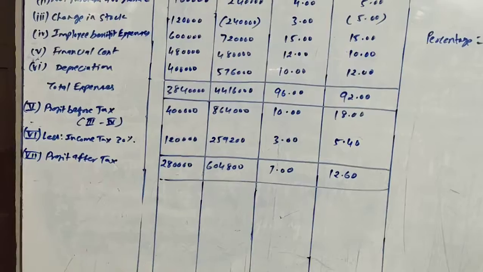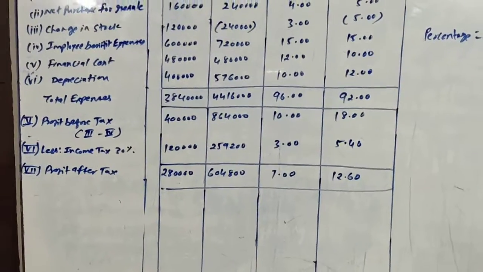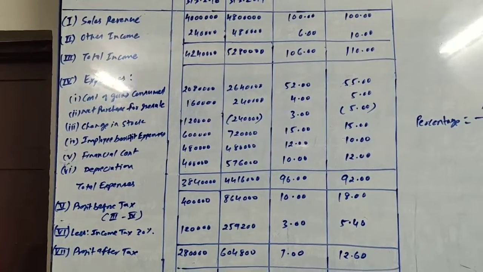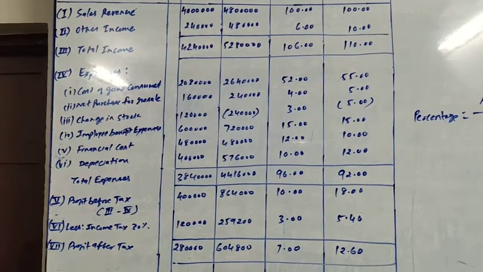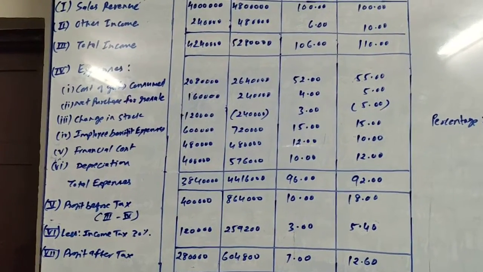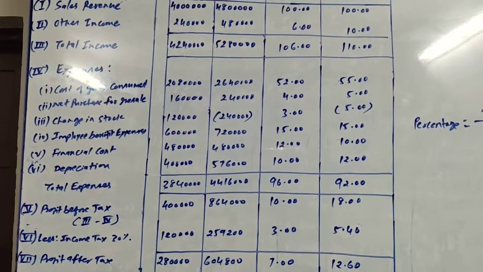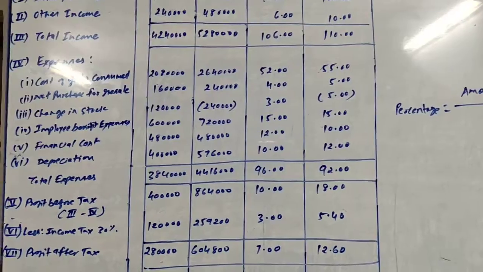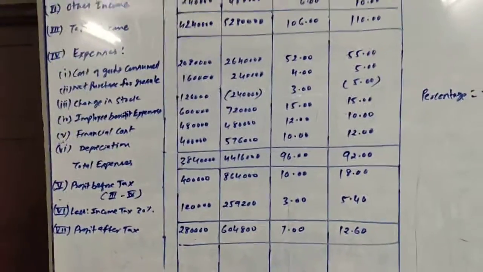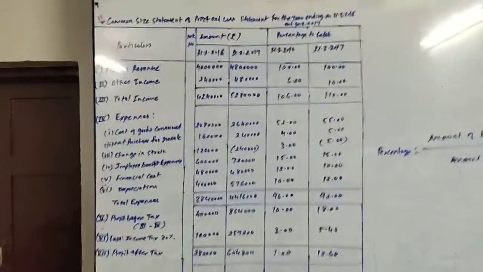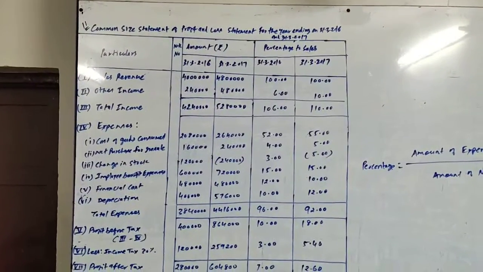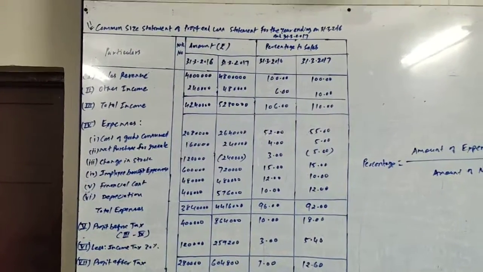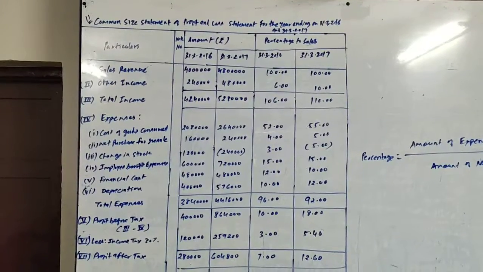We can see that it is 2,80,000 divided by 40 lakh into 100, we get 7%, and 6,04,800 divided by 48 lakh into 100, we get 12.6 percent. So this is how the sum of common size statement is done, or common size statements are prepared.